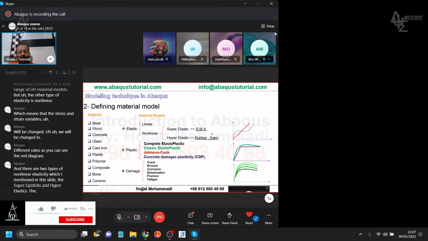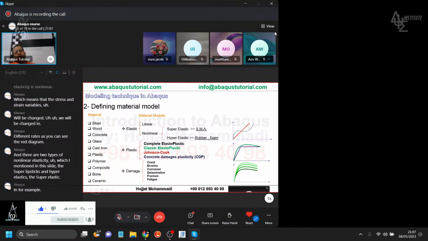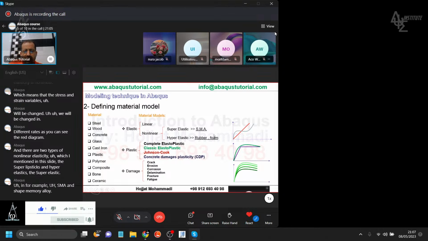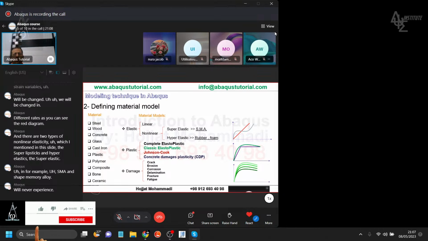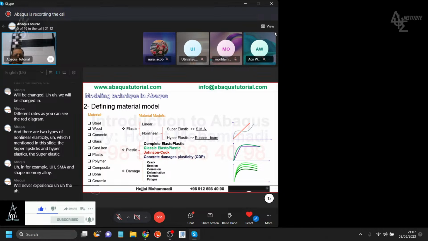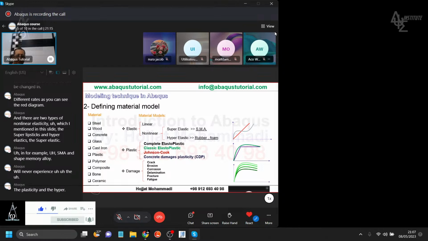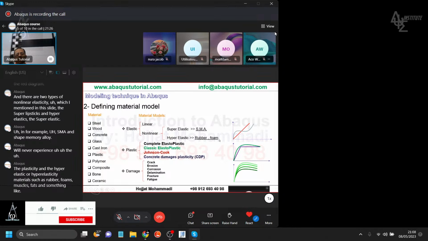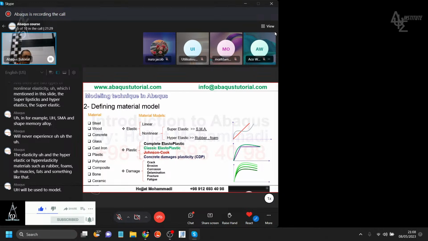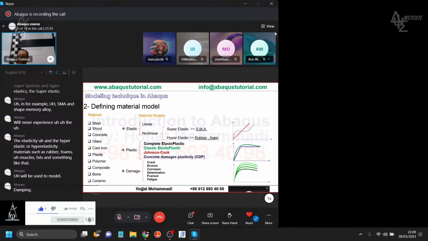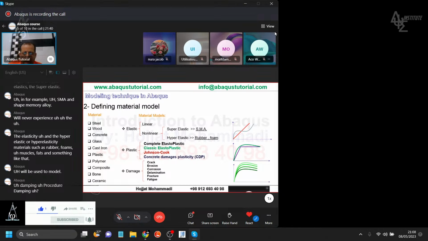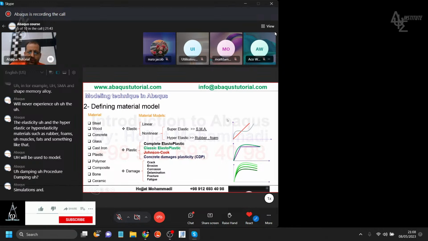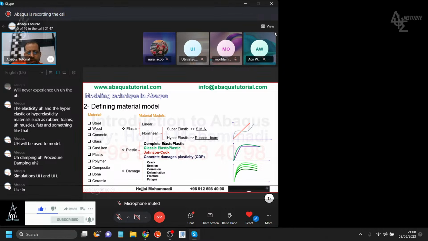The superelastic, for example SMA, shape memory alloy, will never experience plasticity, and hyperelastic materials such as rubber, foams, muscles, fats, and something like that will be used to model damping procedures, damping simulations, and used in some industrial designs.